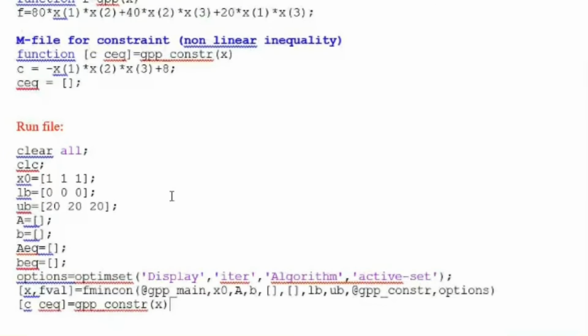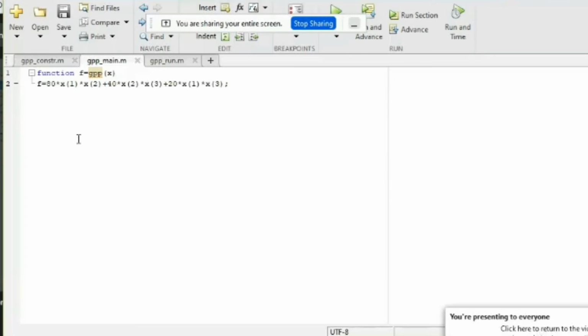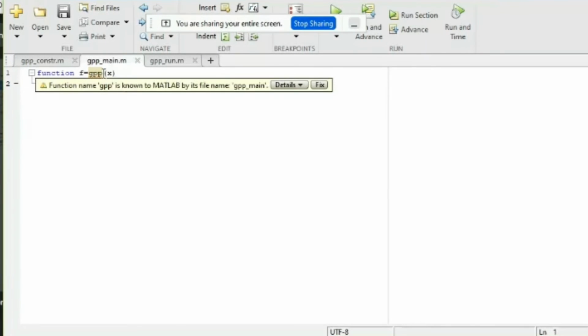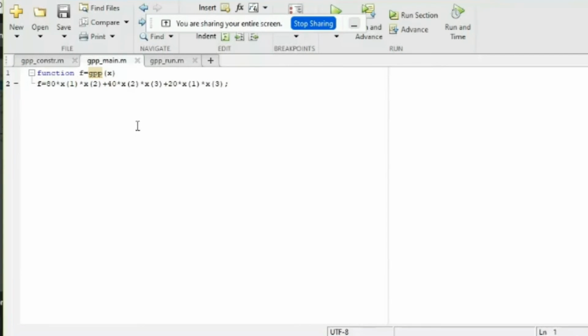So just wait a minute so that I can demonstrate the M file. Similarly, for other things also I will demonstrate the MATLAB files. As we already discussed, this is the M file for the objective function, right? While saving the file in MATLAB, whatever file name we gave, with the same file name we have to save it, that we have to remember.